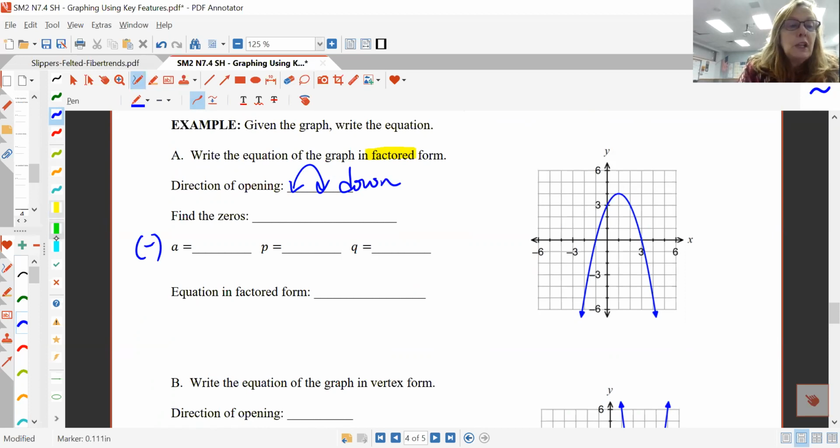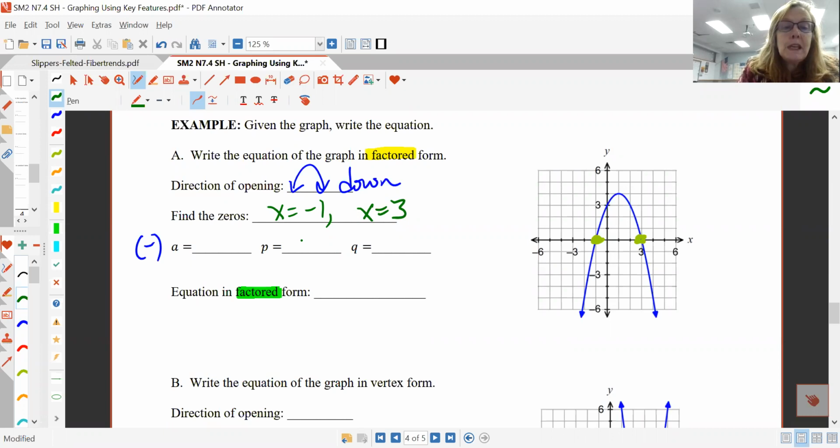Okay, if I'm looking for factored form, I'm looking for my zeros. So on the graph, I identify the x-axis values, the zeros. So what are my zeros? X equals negative 1 and x equals 3. So factored form is essentially these values.